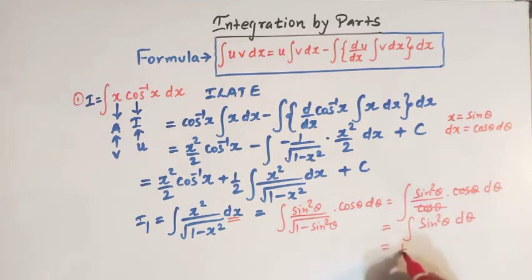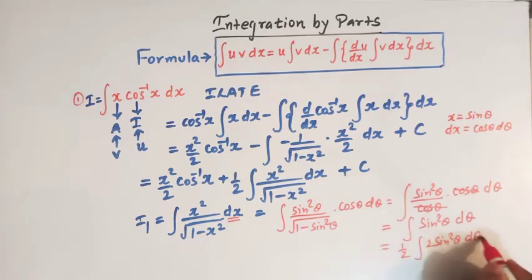This can be written as half the integral of 2 sine square theta d theta, and 2 sine square theta can be written as 1 minus cos 2 theta, right? Okay, now this can be written as half, here we have theta minus, the integral of 1 is theta, the integral of cos 2 theta is half sine 2 theta, right?